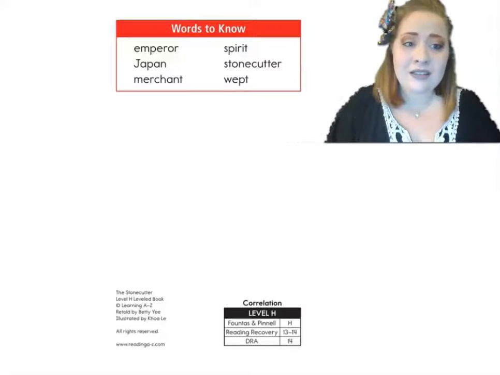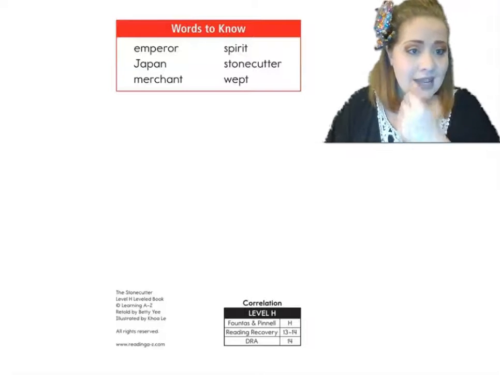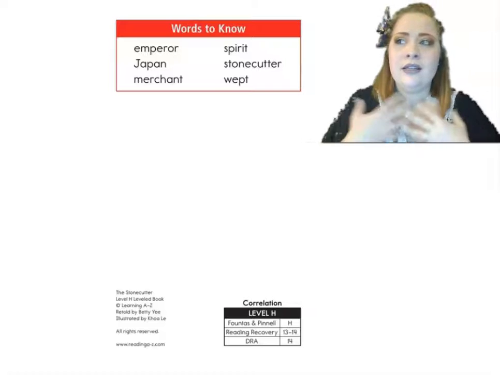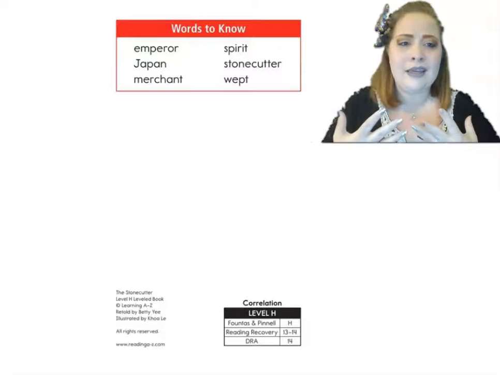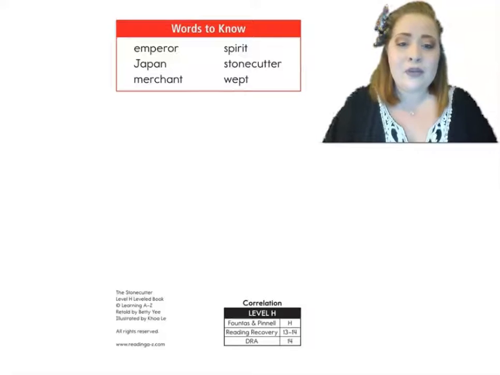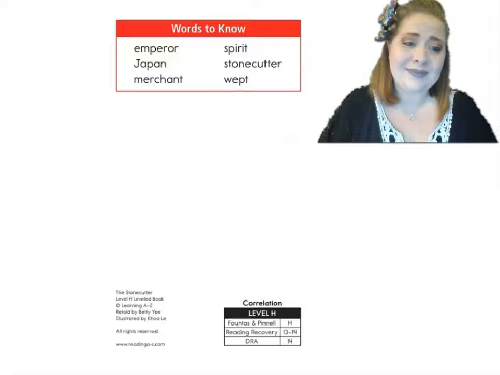Spirit can mean a lot of things. I believe in this context, spirit means maybe like an ancestor or a soul, like there's a spirit in the mountain. Stonecutter, that's a job. They cut stones. Wept is to cry.